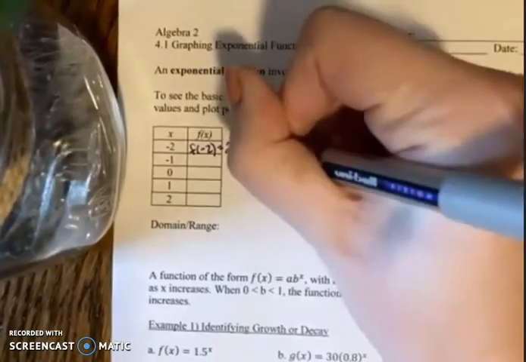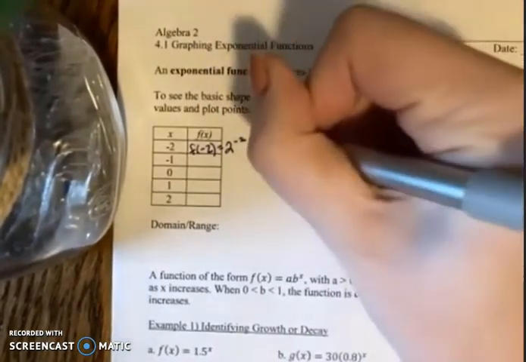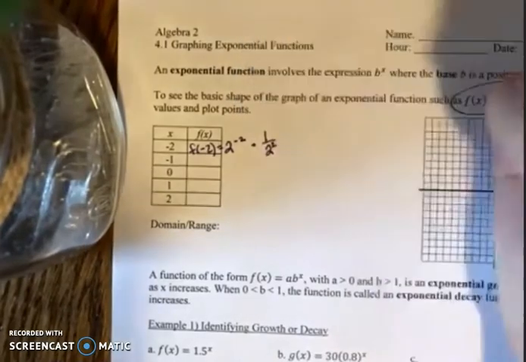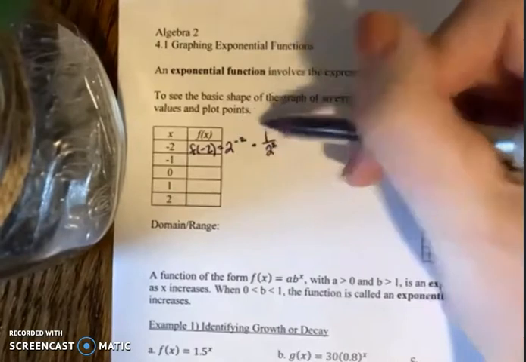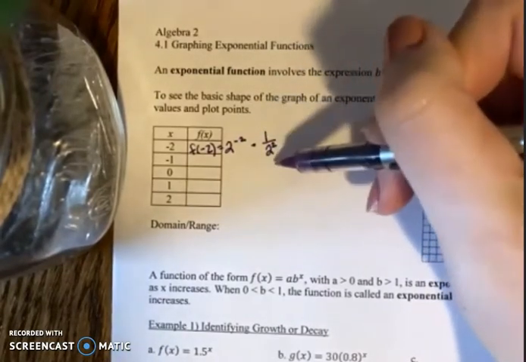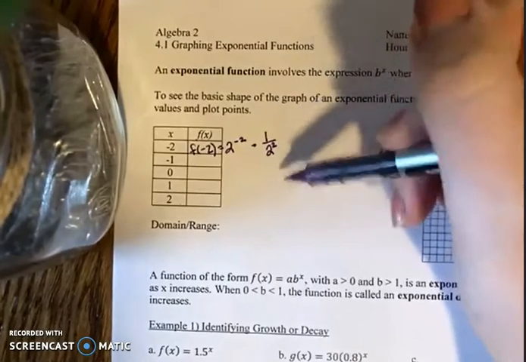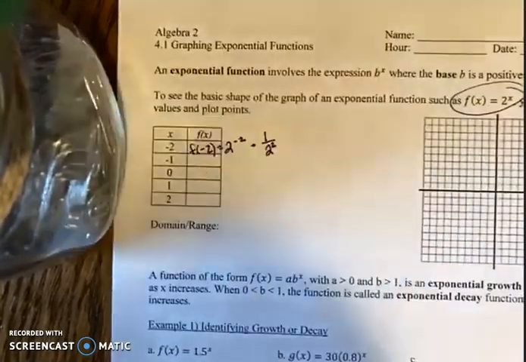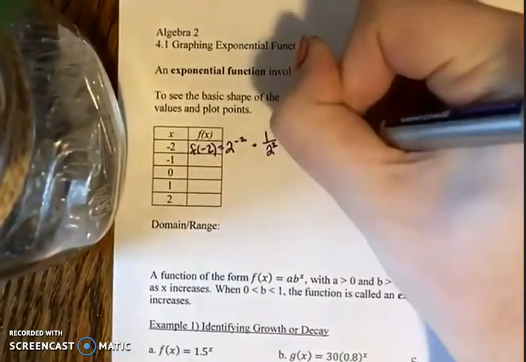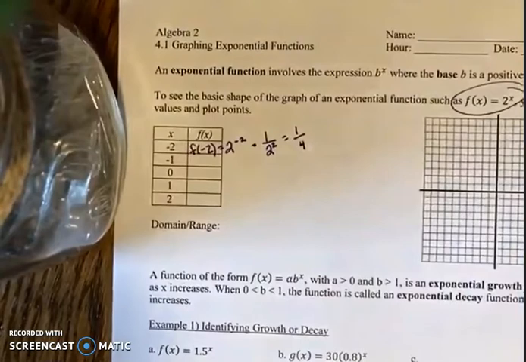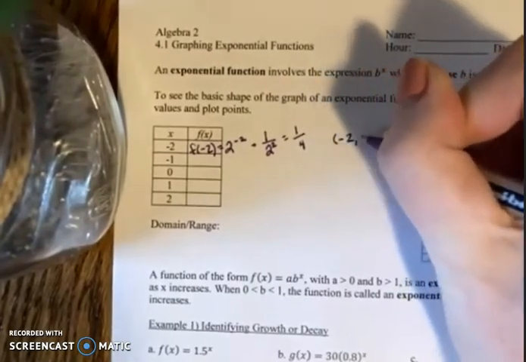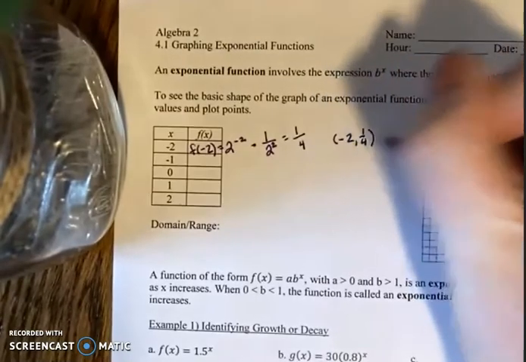Meaning that I need to move it down to the denominator. So 1 over 2 squared. The act of moving it down makes the exponent positive, and the 1 just serves to be a placeholder. That gives me 1 over 2 squared, which is 4, so 1/4. Meaning that the first point that we have is (-2, 1/4).